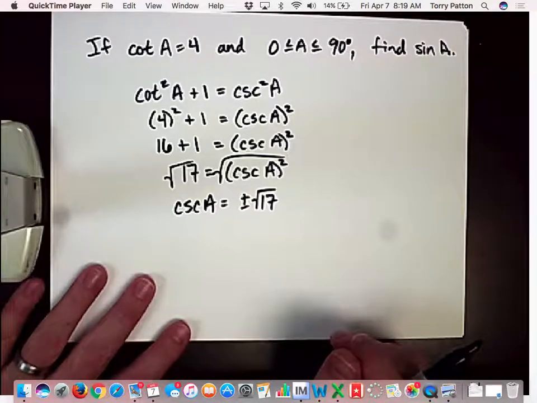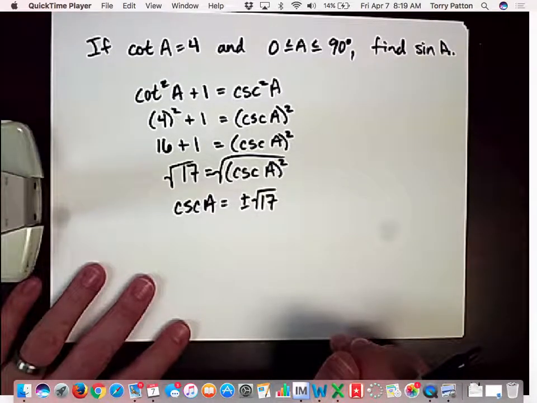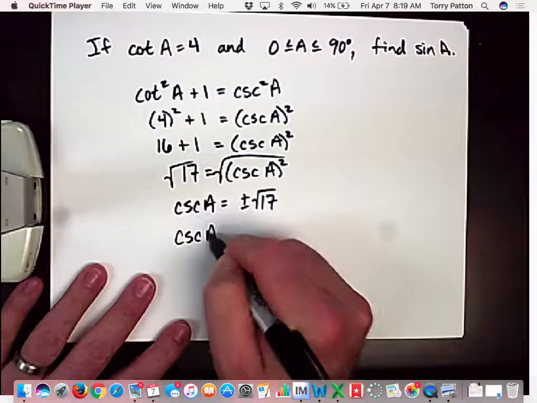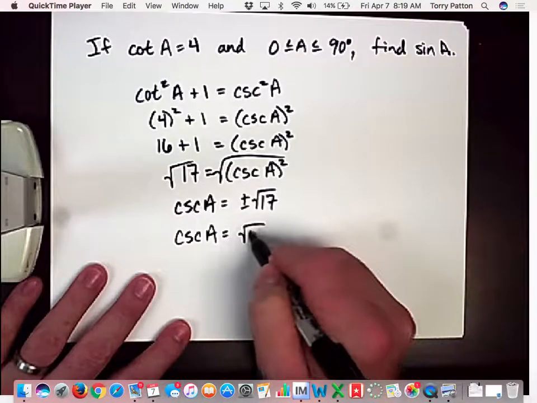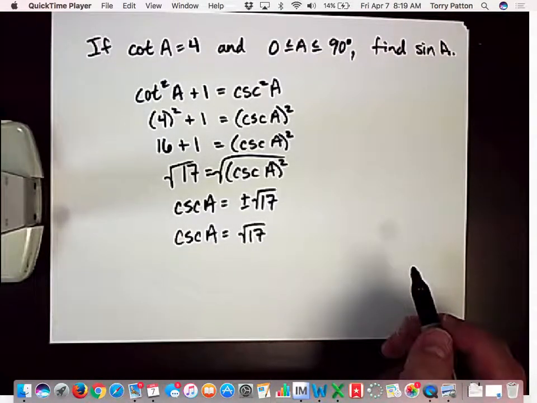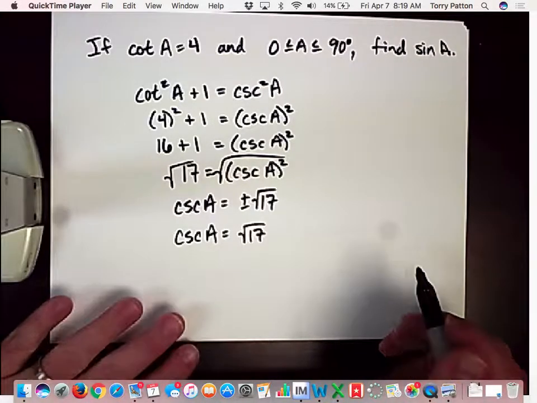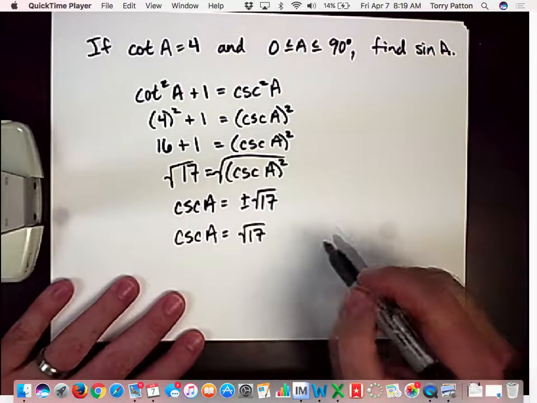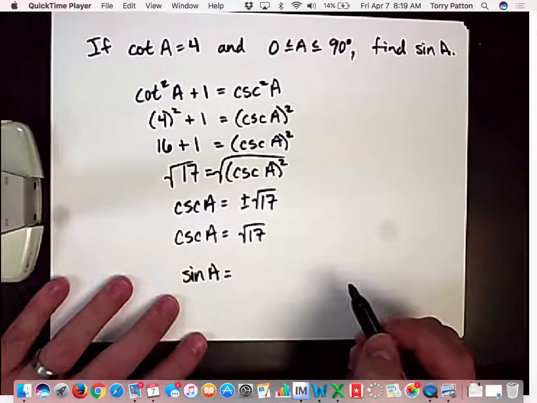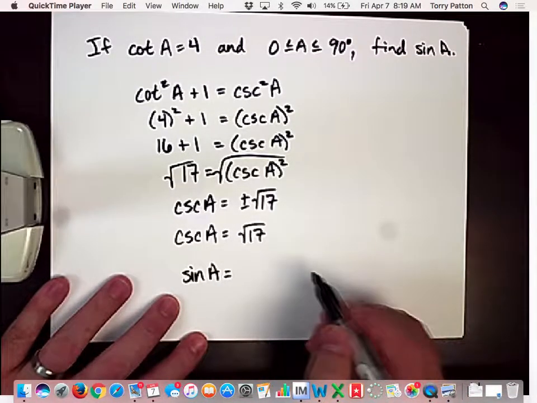Is it positive or negative? First quadrant, and everything's positive in the first quadrant. So then, if cosecant of A is that, what is sine of A? 1 over that.